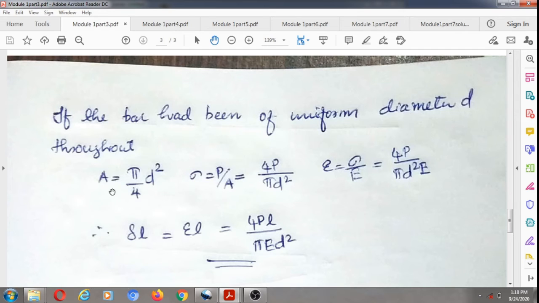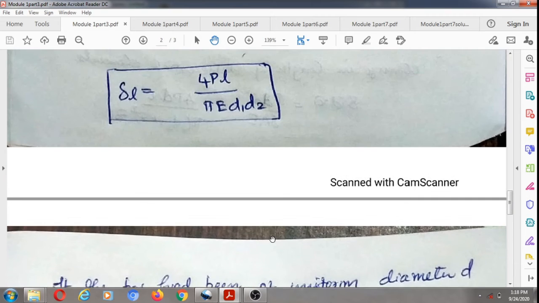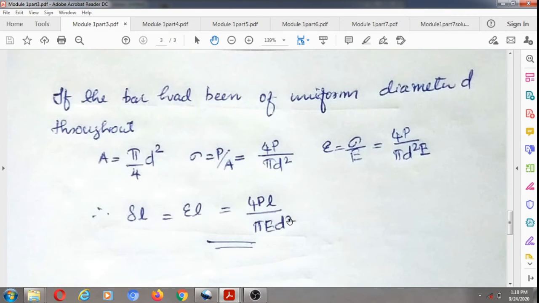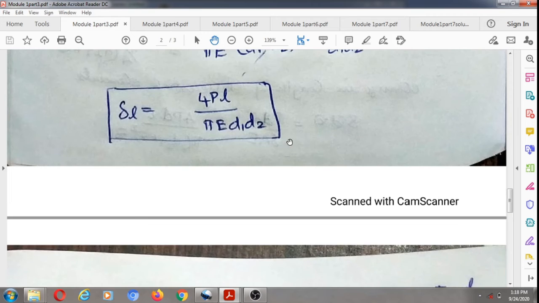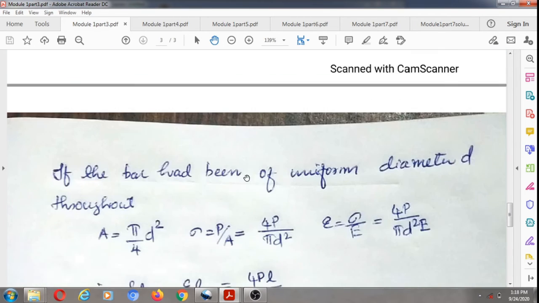Delta L is equal to epsilon L, where epsilon is sigma by E. Sigma is P by A, so we get 4P by pi d square E. Total elongation is this strain multiplied by total length, that is 4PL by pi E d square. This is similar to our previous expression. Here we get d square, but there it was d1 d2; that is the only difference between the two.